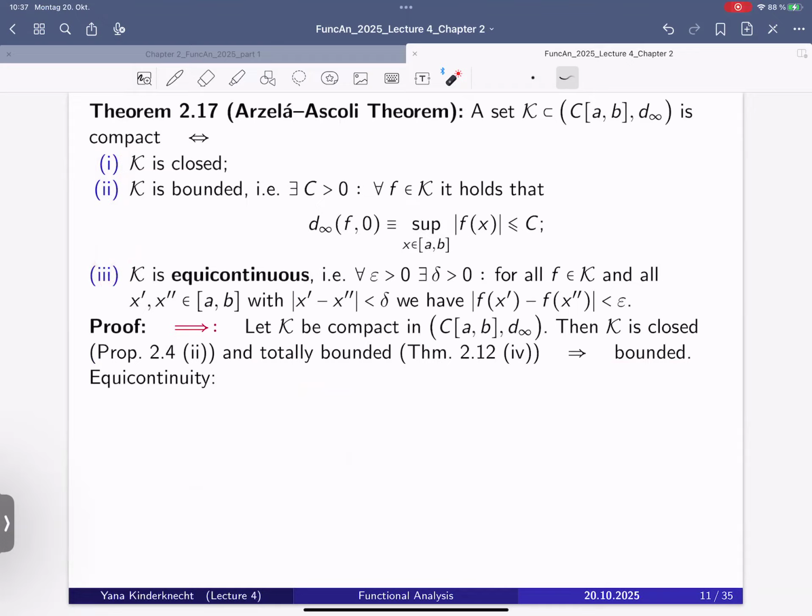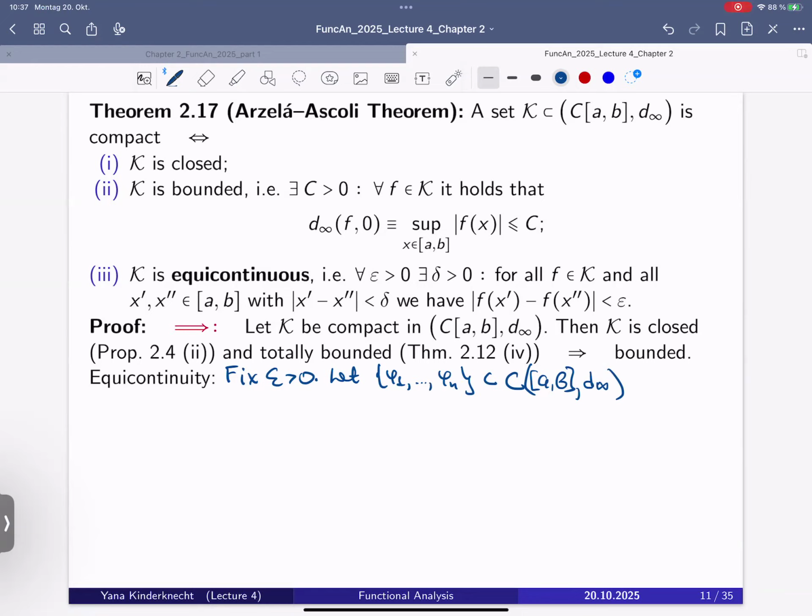So how to do it? Let us prove it. Once again, we do it in this direction. We know that the set is totally bounded, that is, for each epsilon we can create an epsilon net. So let us do it. Fix epsilon positive. Let phi 1, etc., phi n be a finite subset of our space C[a,b] with the standard supremum norm, so the metric generated by the supremum norm.